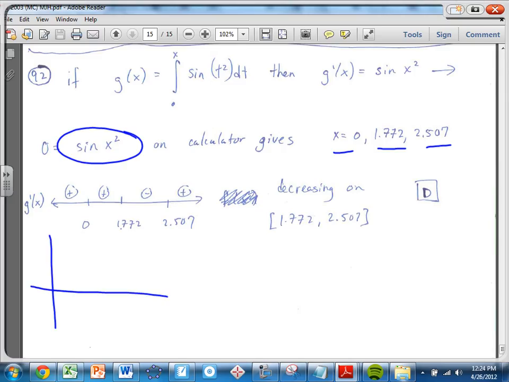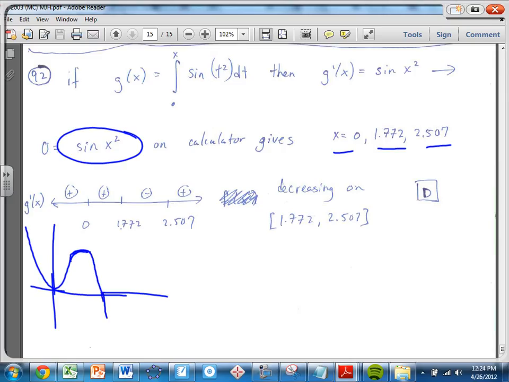I see that my graph for this function actually looks like this. It has something above the axis for a while, then it comes down and touches. This graph is going to be above the axis. It's going to come down, touch at 0. It's going to come back up, come back down, and cross again here at 1.72.